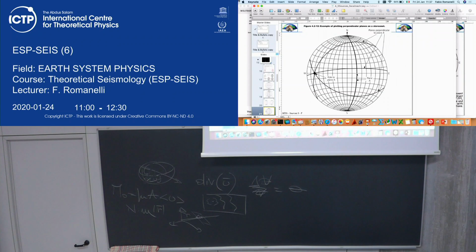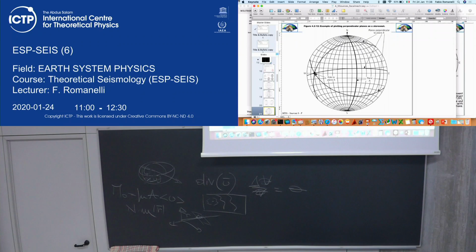So you have to measure 90 here, 1, 2, 3, 90. That's the pole. It's the projection of a normal of a fault. And through that pole, all the planes perpendicular to the initial one can pass. They are all perpendicular. It's just a property of the stereographic projection.